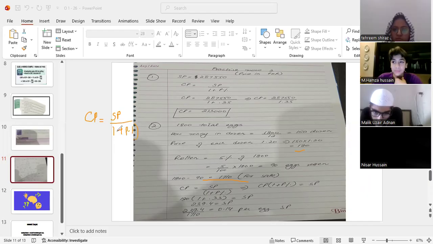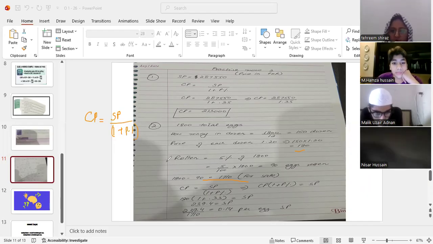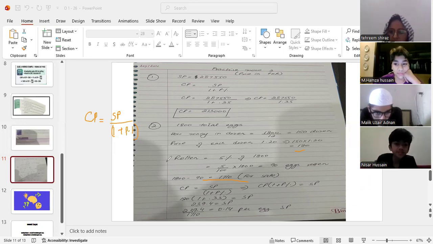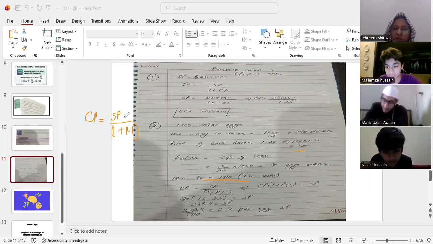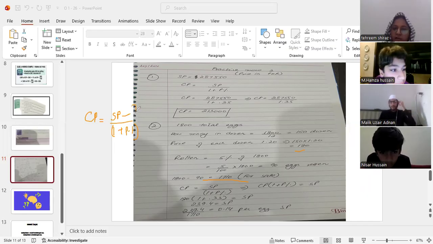We have already done this formula. Is this clear to everyone? Okay. What we need to calculate? We need to calculate this sales price.